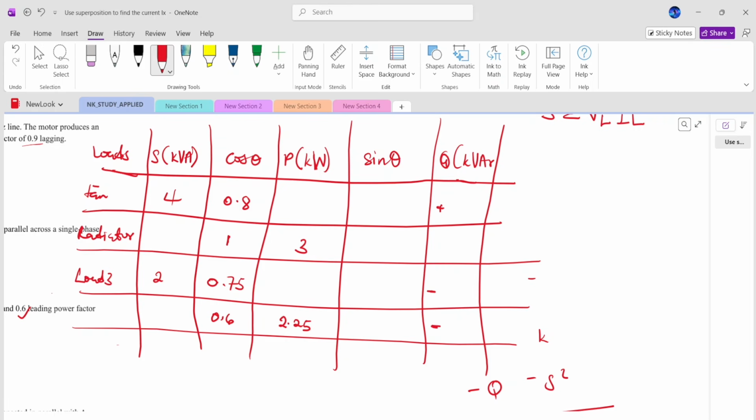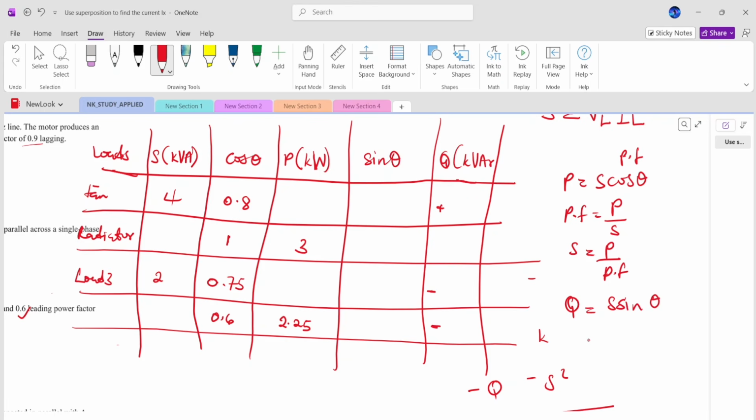The first one is, we know P is equal to S cos theta, where cos theta is just the power factor. So power factor is also equal to P over S, or I can say S is equal to P over power factor. And I also know Q is equal to S sine theta.